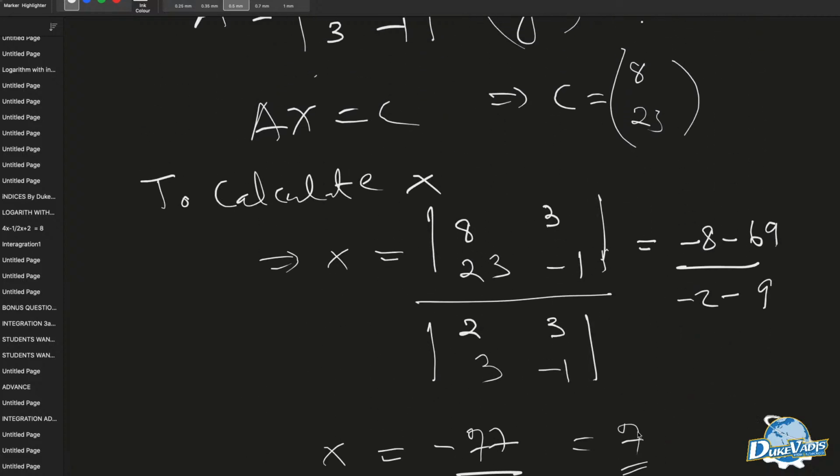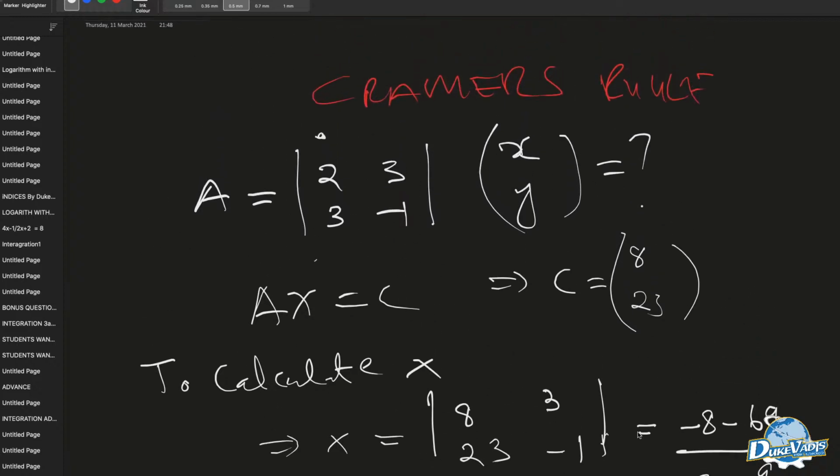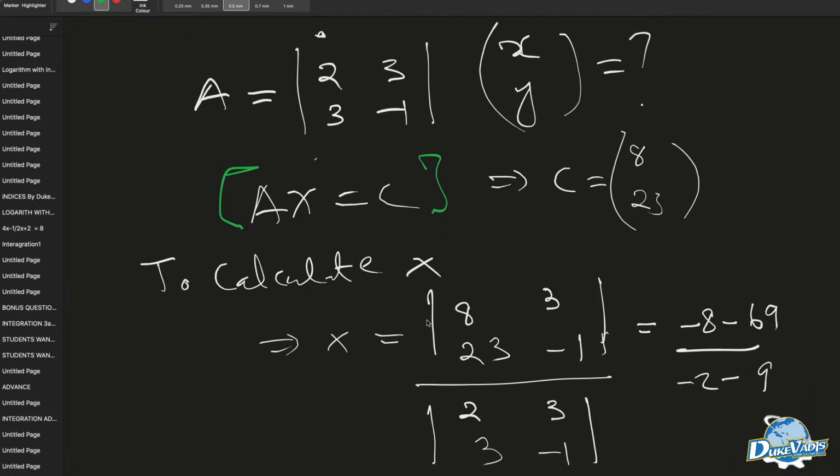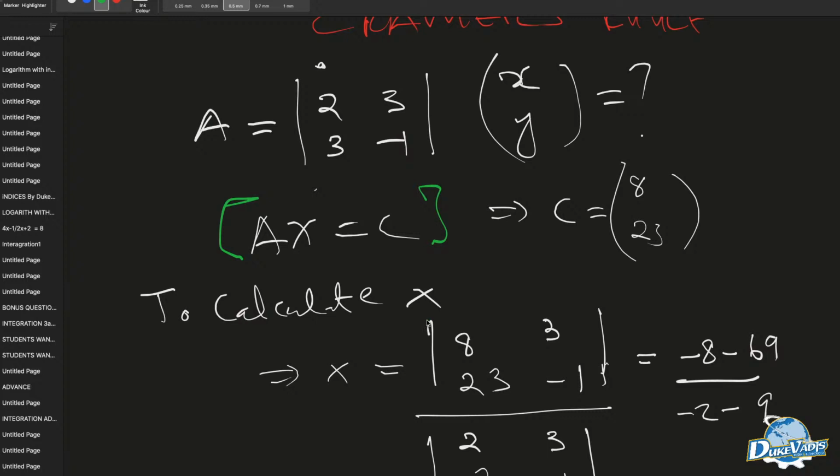So now let's see why they love it. First of all, our matrix is 2, 3, 3, -1. Now we're looking for values of x and y. So if this is our equation in mind, we substitute the values of C. This is 8, 23, so we put it here as we maintain 3, -1.